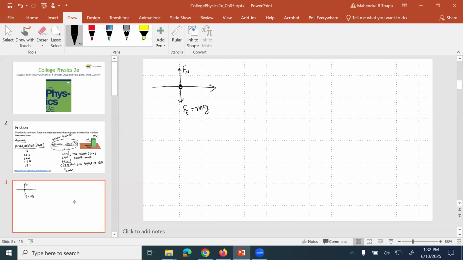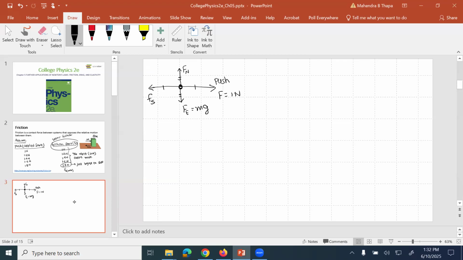My push force, the force I applied, say in this case is 1 Newton. Then the friction force will also be equal. This is Fs. So this equals that, and Fn equals Fe.